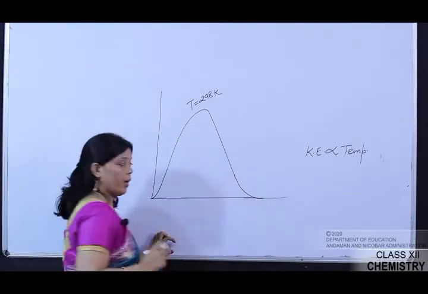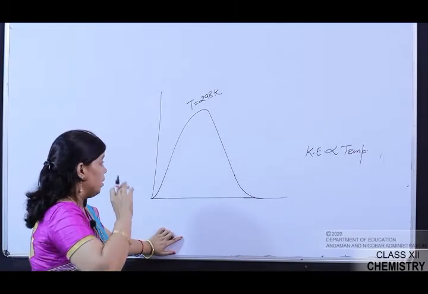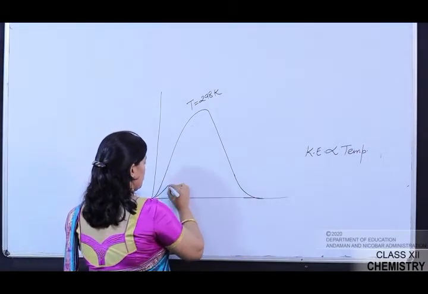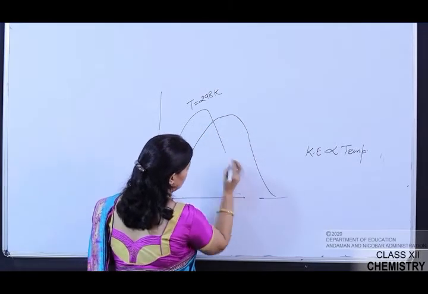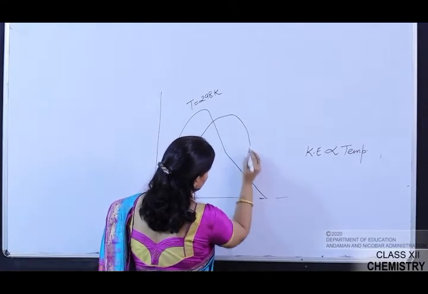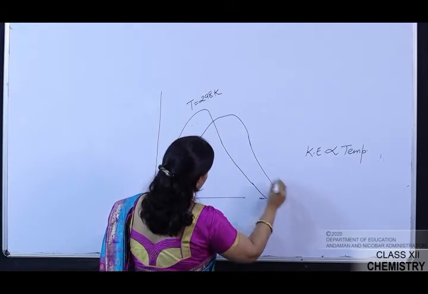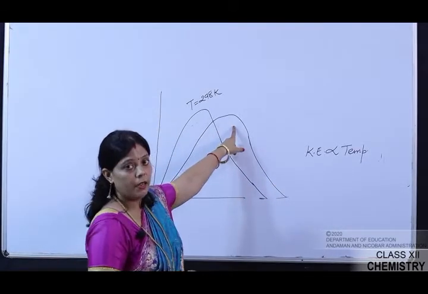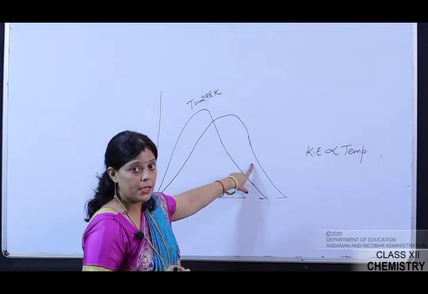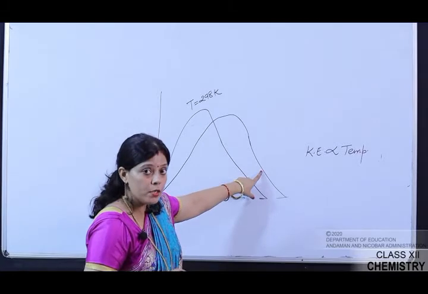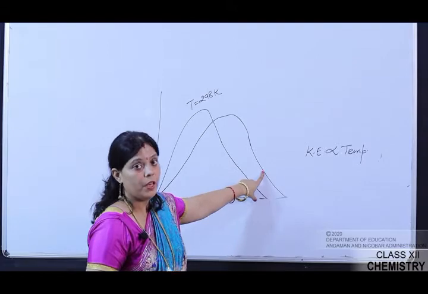When we are increasing the temperature by 10 Kelvin, the maximum of the energy distribution curve gets flattened and shifts towards the right, because the fraction of molecules having energy equal to or greater than the threshold energy will increase.